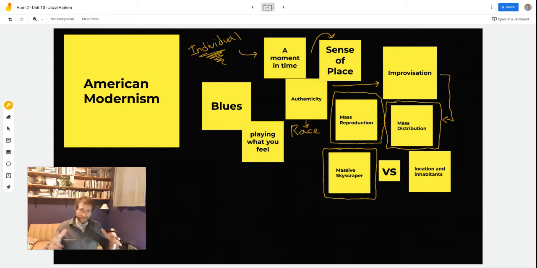Again, the Harlem Renaissance is not the only artistic event like this, but by far one of the largest in this period that really starts to exemplify the sense of place. We also even see this in Frank Lloyd Wright's architecture that you'll be learning about in this unit. Frank Lloyd Wright's architecture right here, this is that kind of large international style, as it's referred to.